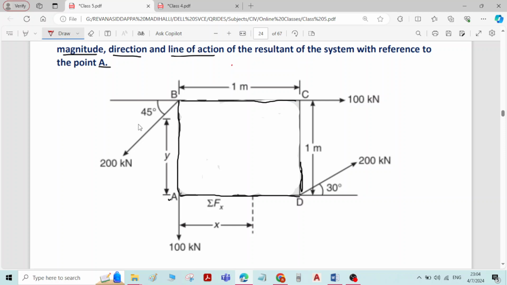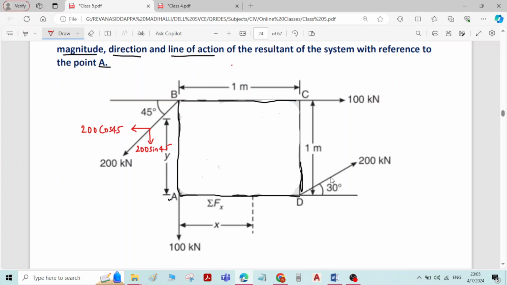For all the inclined forces, here we have 200 kilonewton force which is inclined at 45 degree. For this horizontal component is 200 cos 45, vertical component is 200 sin 45, and we have one more force here, 200 kilonewton force which is inclined at 30 degree.